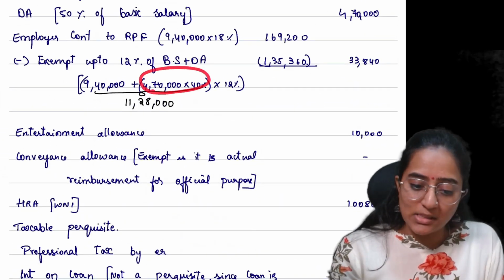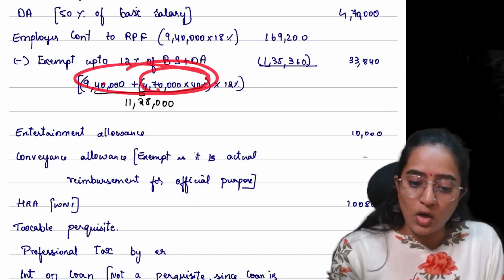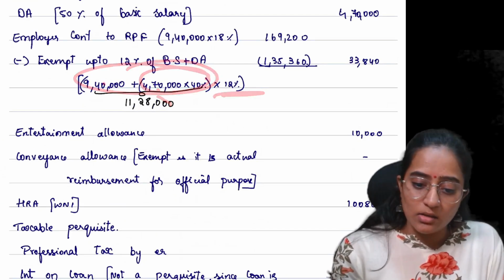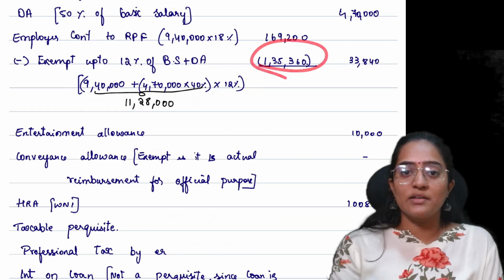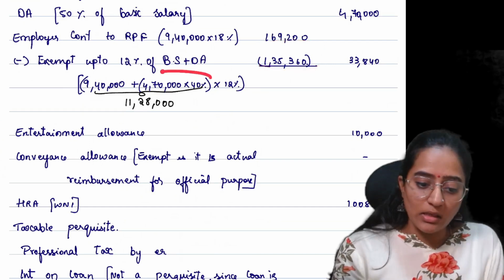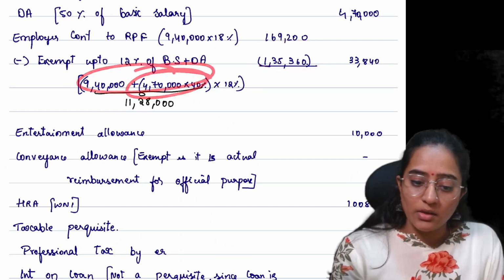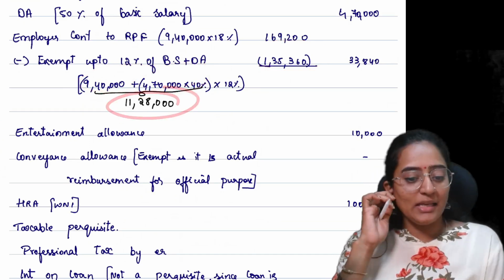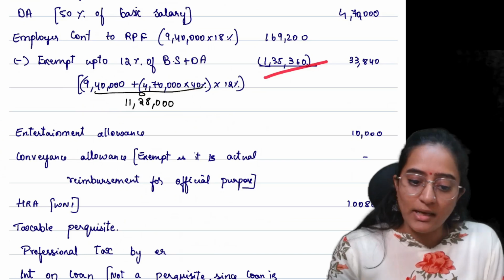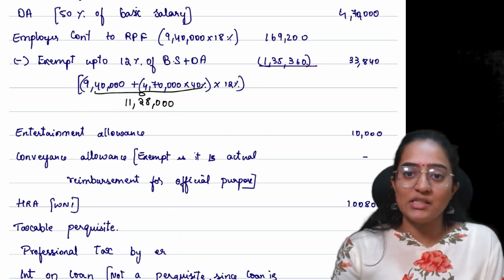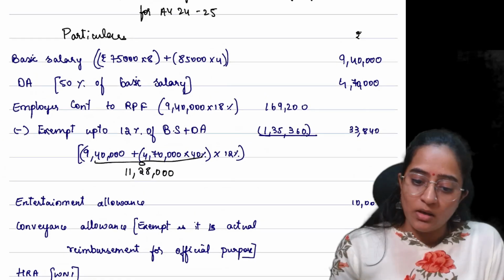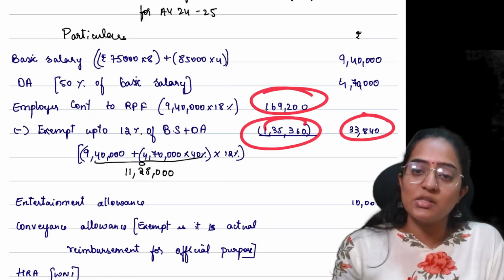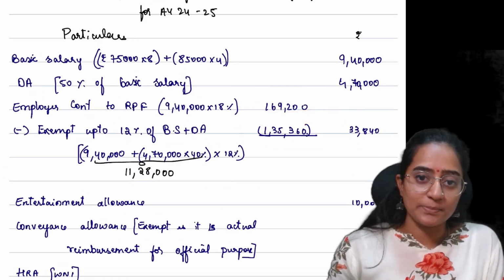So 40% of this amount plus this amount is combined, 11,28,000, and 12% of that is 1,35,360. This minus this, 33,840, is the taxable amount.